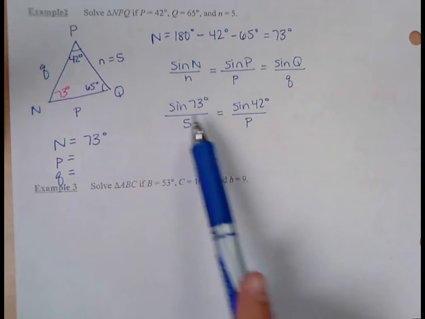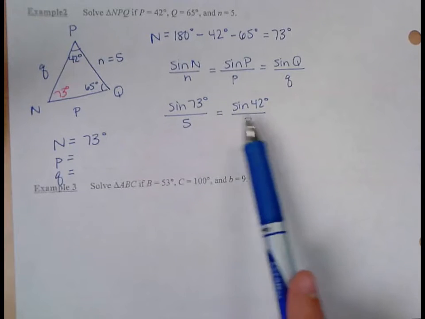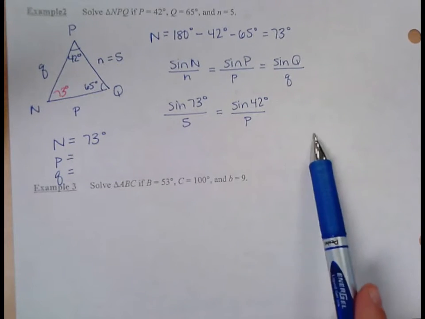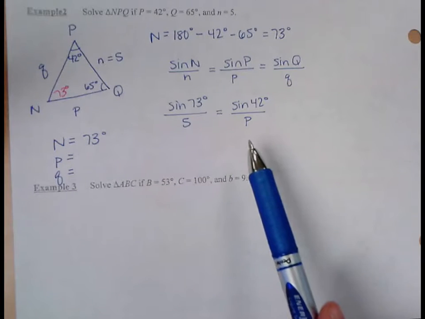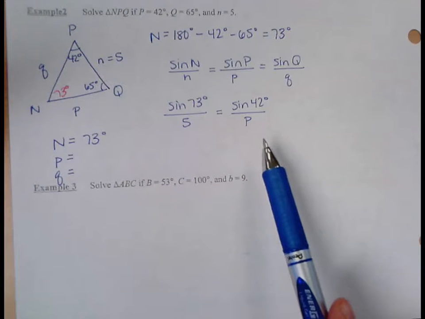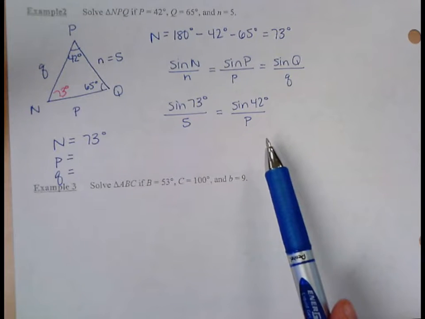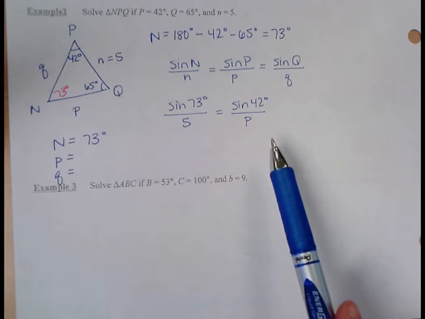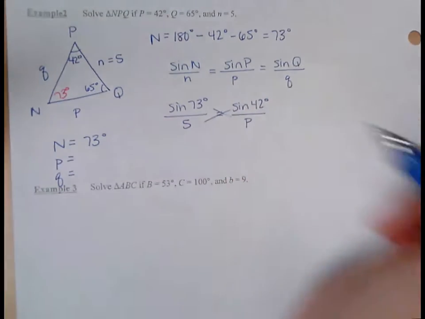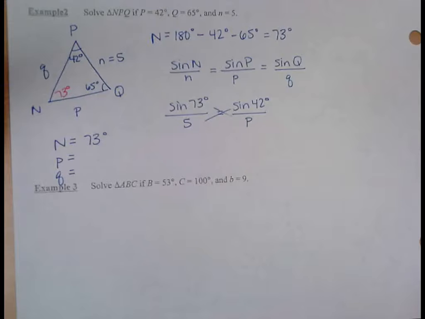What is this called when you have two ratios equal to one another? Starts with a P. A proportion. And how do you solve a proportion? I can just do cross products, and then I don't have to deal with multiplying by reciprocals of things.